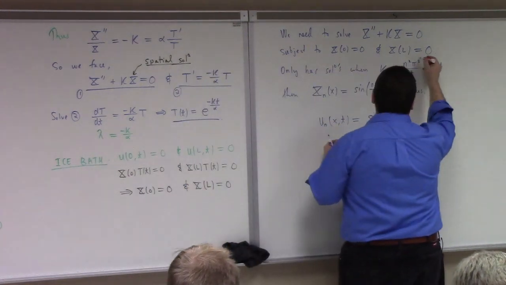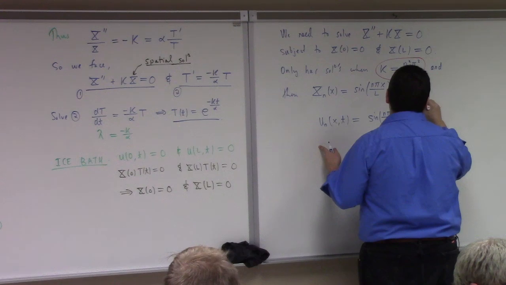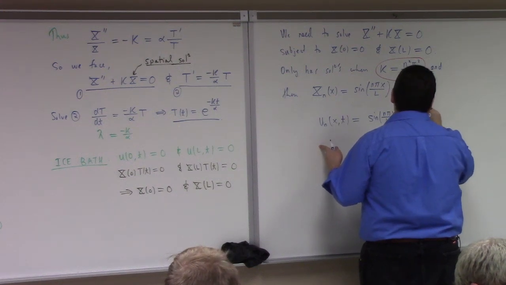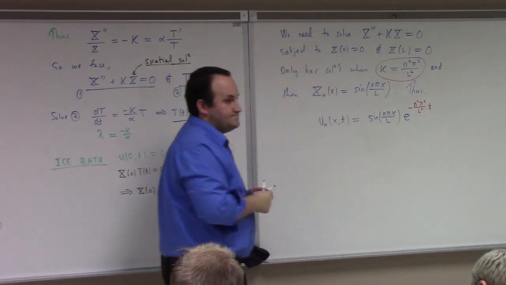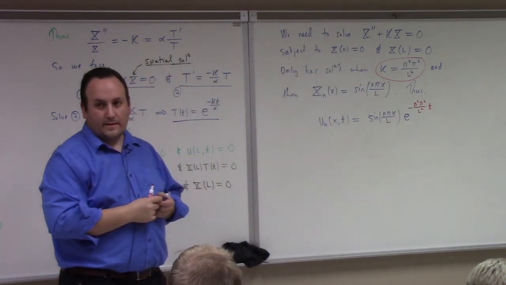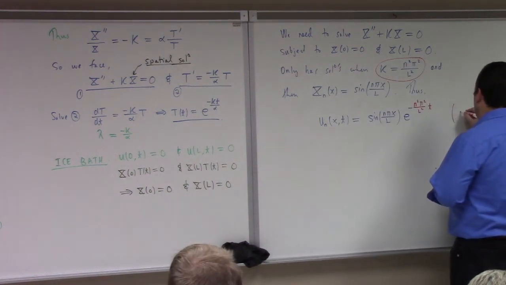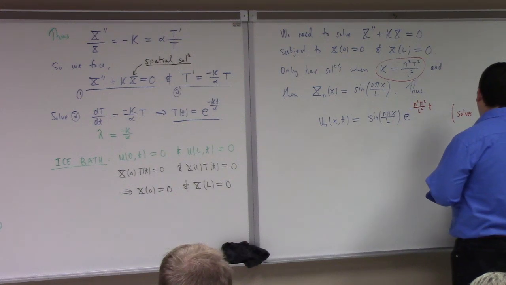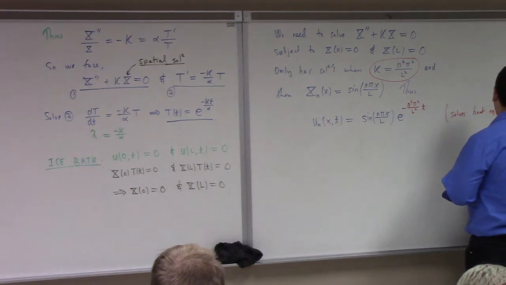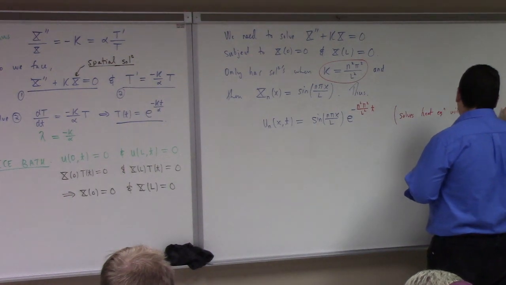K has to be this guy, right? So e to the minus n squared pi squared over L squared times time. So this solves the heat equation with the boundary condition as given.